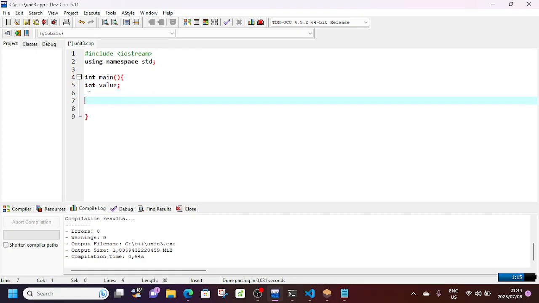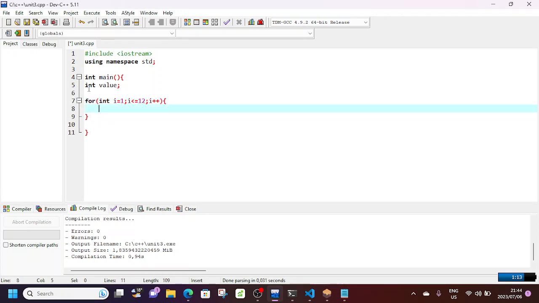Integer value, and so we're going to have for integer i equals 1, i less than or equal to 12, i plus plus, right? And then you come down here and say for integer j equals 1, j less than or equal to 12, and then j plus plus, right?